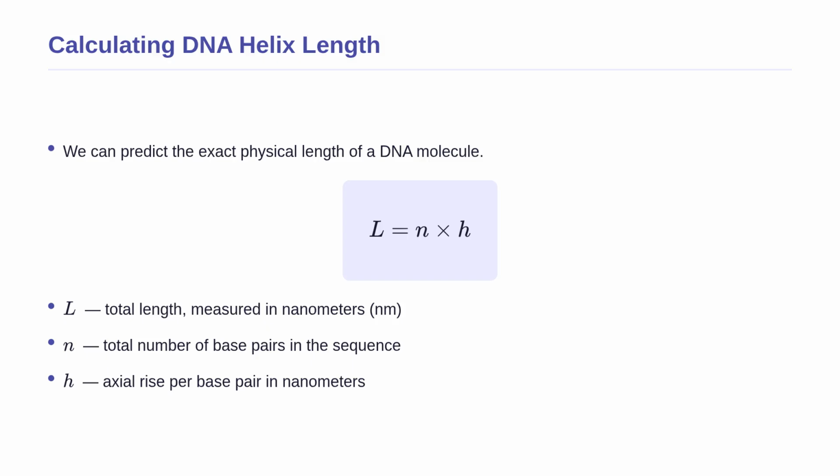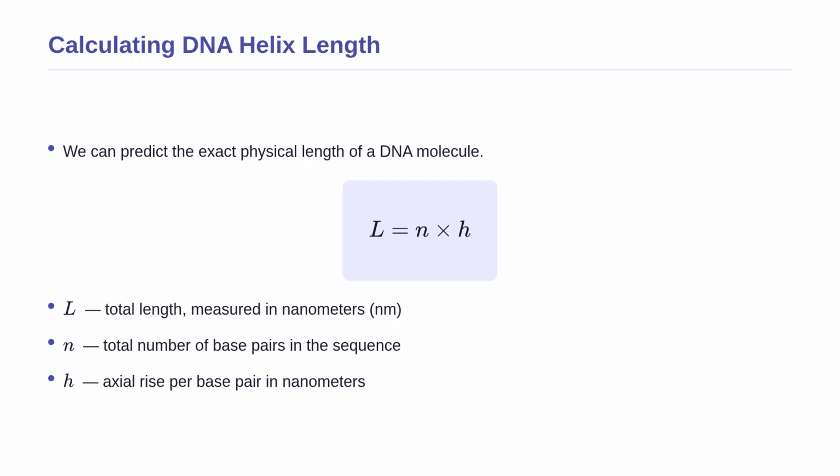To truly understand the physical differences between these DNA types, we can calculate their exact lengths. The total length of the DNA helix depends on the number of base pairs and the vertical distance each pair adds, known as the axial rise. In this formula, L represents the total length, N stands for the number of base pairs, and H is the axial rise.